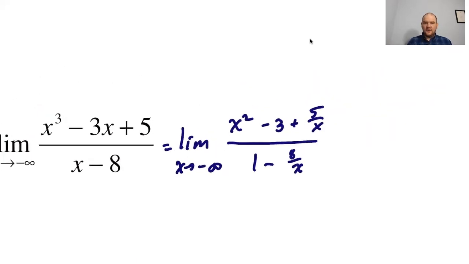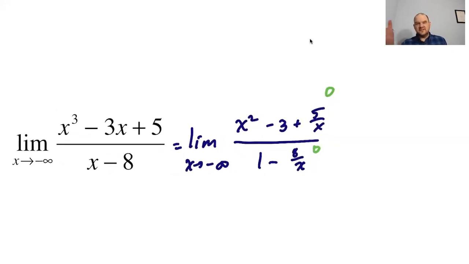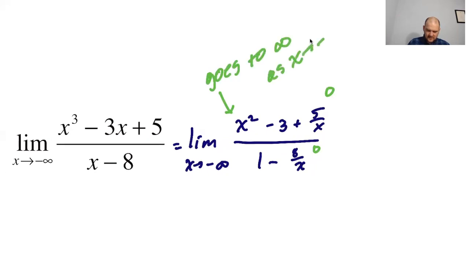Now, what happens here? I see a bunch of zeros. You're going to be 0. You're going to be 0. Negative 3 doesn't have an x in it, so if x goes to negative infinity, it just stays negative 3. Not a big deal. 1 does the same thing. 1 has no x's in it, so it just stays. X squared, however, as x goes to negative infinity, actually goes to infinity.